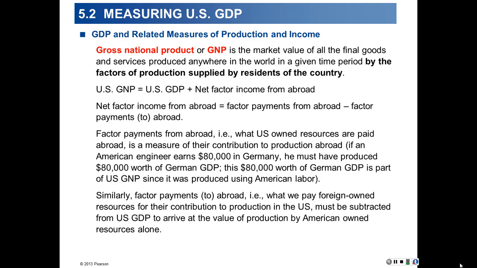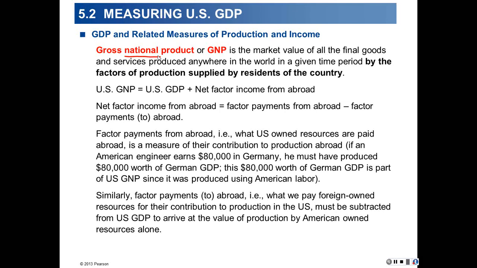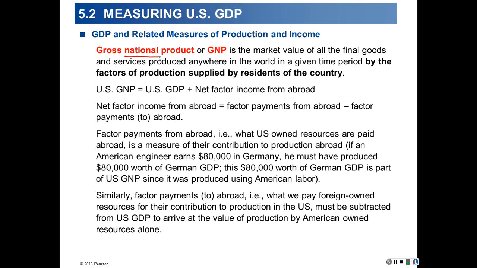And now we come to another measure of the product of the nation. And this is called gross national product. You see, the difference between the 2 phrases GDP and GNP is one has the D, one has the N. So we have national as opposed to domestic.